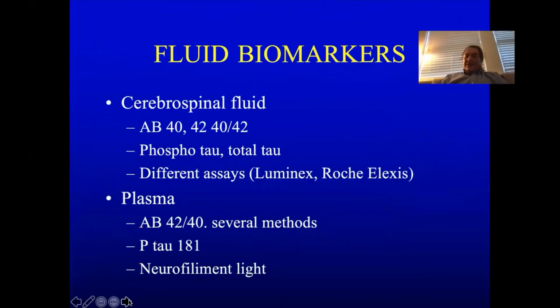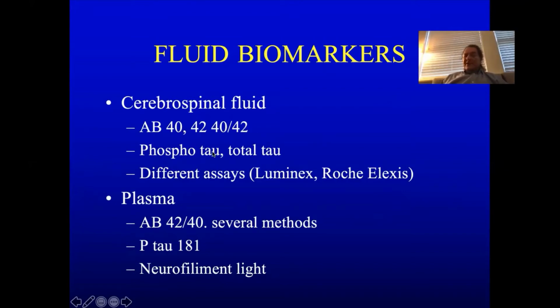I'm now going to transition and talk about the fluid biomarkers in ADNI, because ADNI is one of the very few studies that has MRI and amyloid PET and also fluid biomarkers, including cerebrospinal fluid and plasma. For cerebrospinal fluid, which is obtained by lumbar puncture, the biomarker core run by Les Shaw and John Trojanowski has measured amyloid beta 40 and 42 and also shows you the 40/42 ratio.